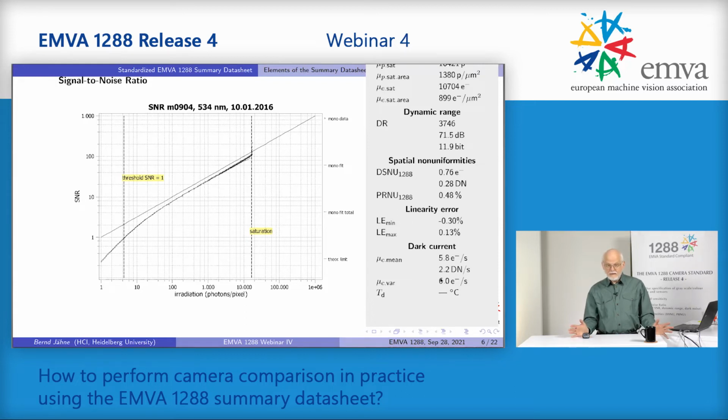So with that, you have all the basic parameters. The whole EMVA 1288 datasheet contains much more detailed information, but this is really the essential part which you can use as a user for a first investigation of which camera is the best.